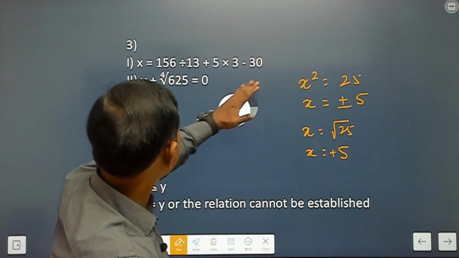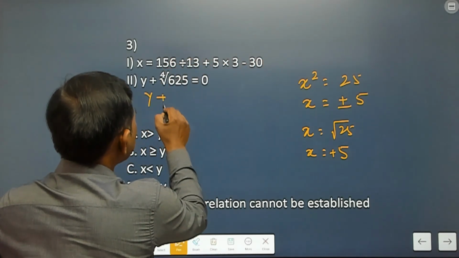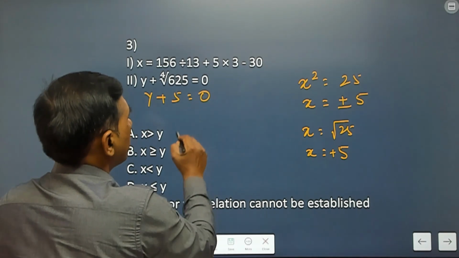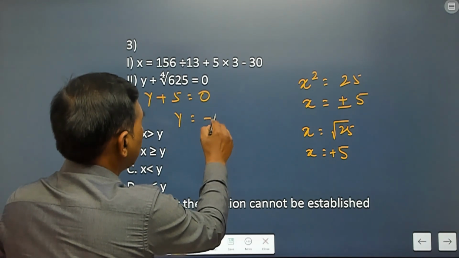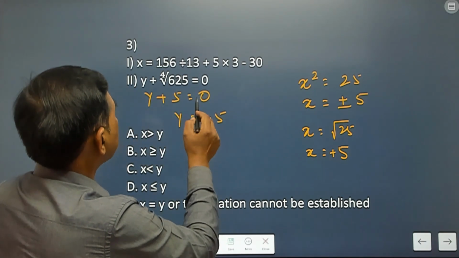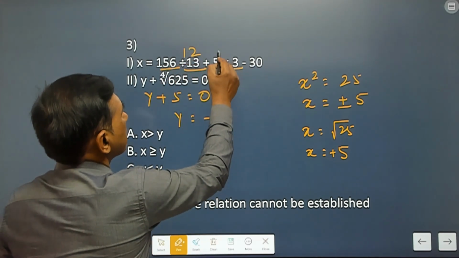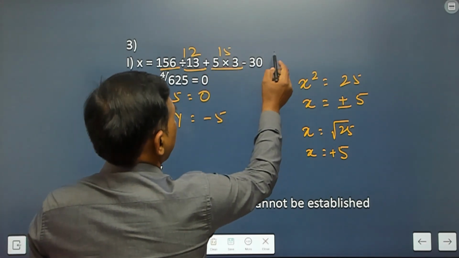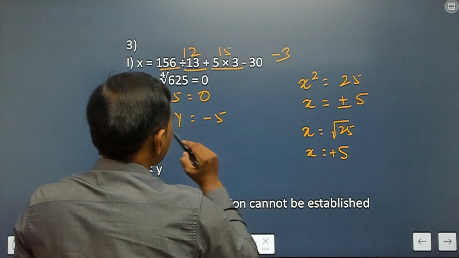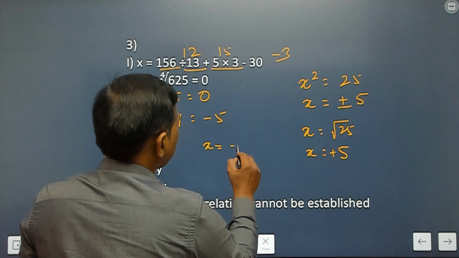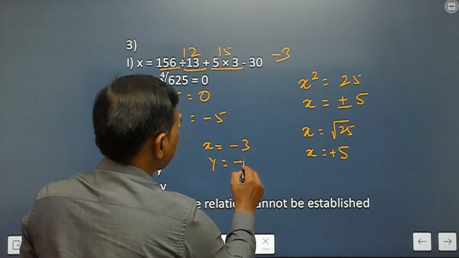So here y plus 5 is equal to 0. So y is equal to minus 5. And this 156 by 13 is 12. 12 plus 15, 27 minus 30, this is minus 3. So x is minus 3 and y is minus 5.